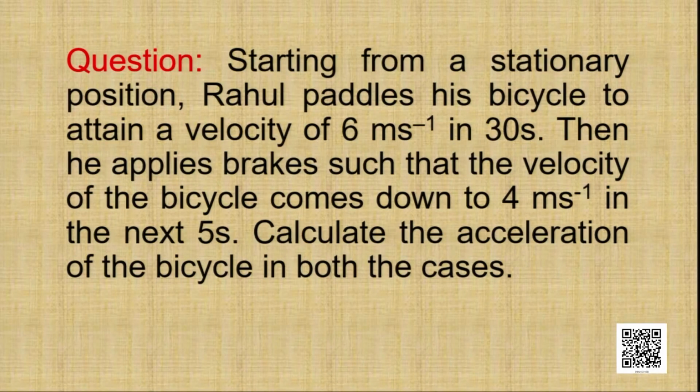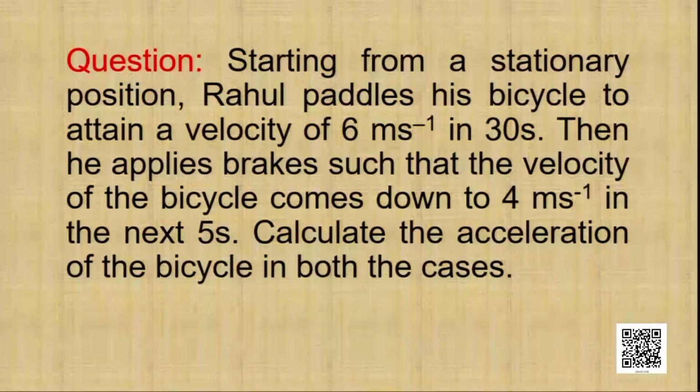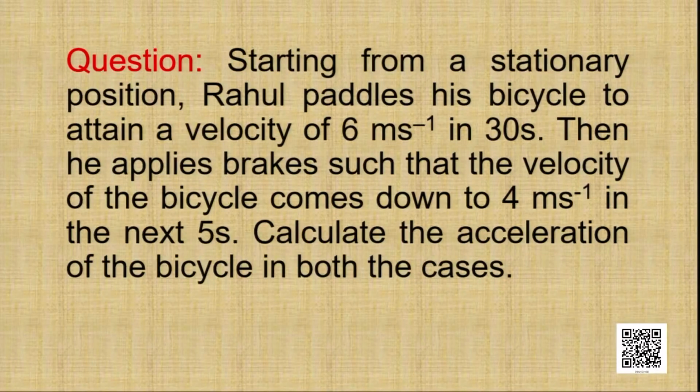Coming to the second case, when he applies brake, his velocity reduces from 6 meter per second to 4 meter per second, and that reduction in the velocity has taken place in a time duration of 5 seconds. That means here also there is an acceleration, but it is negative. That means we can say there is a retardation. So we will calculate the acceleration in both the cases.